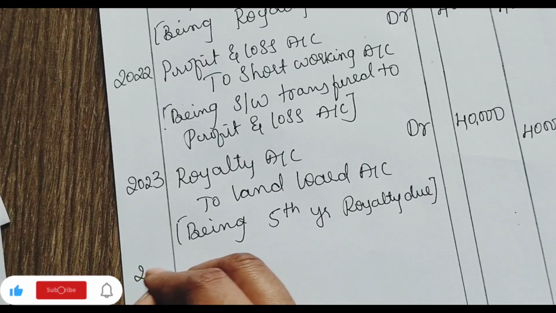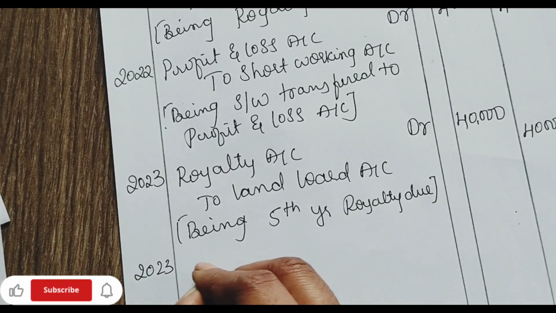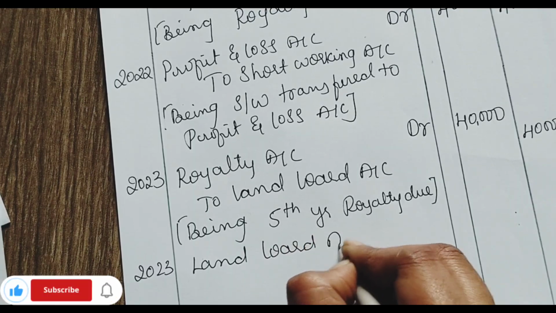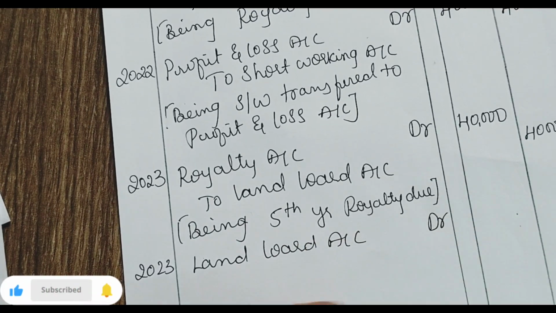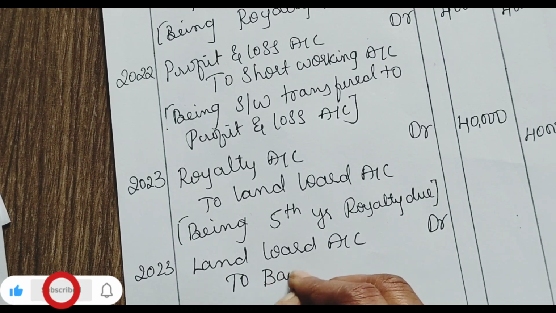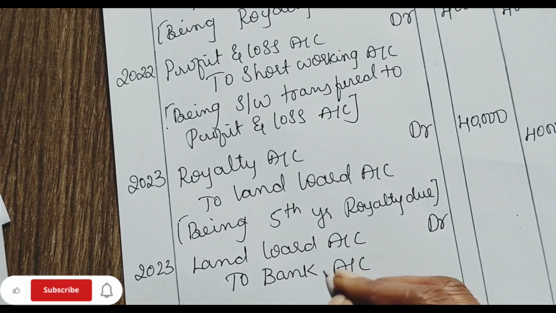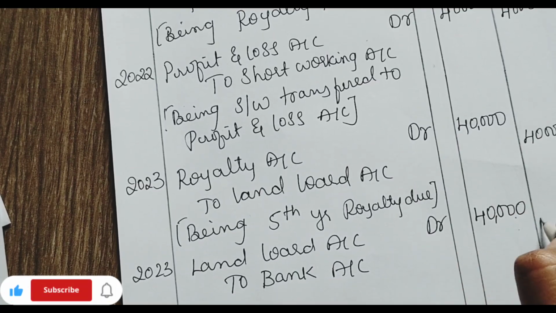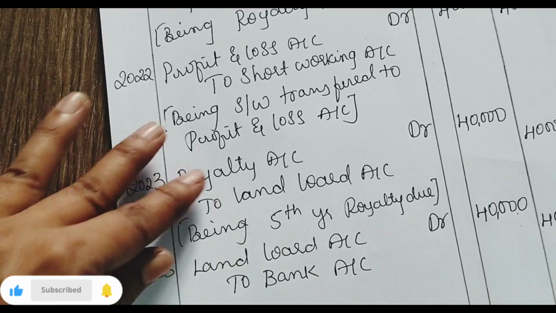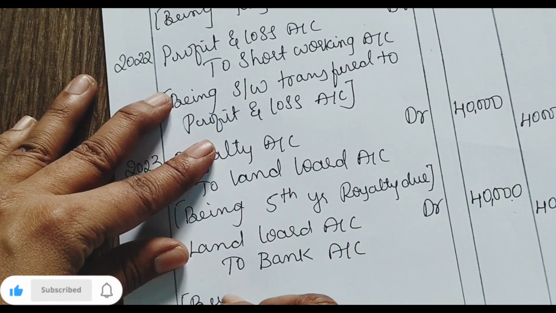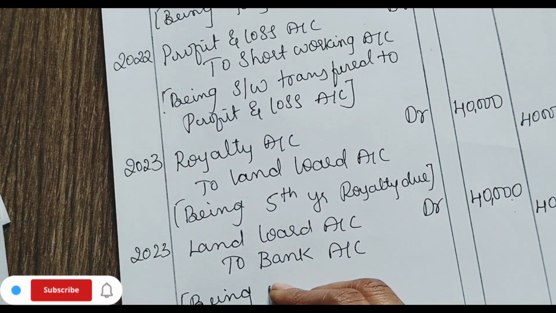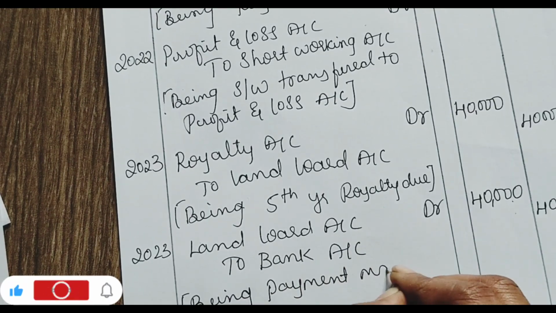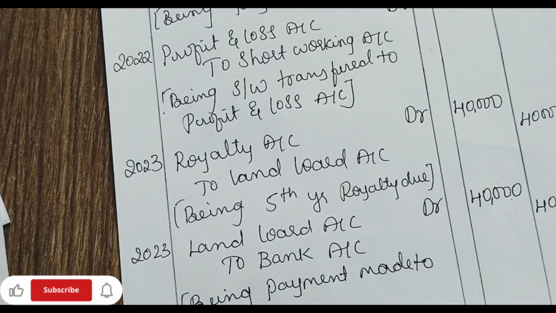Then second entry for the payment entry, landlord account debtor to bank account 40,000. Being payment made to landlord.